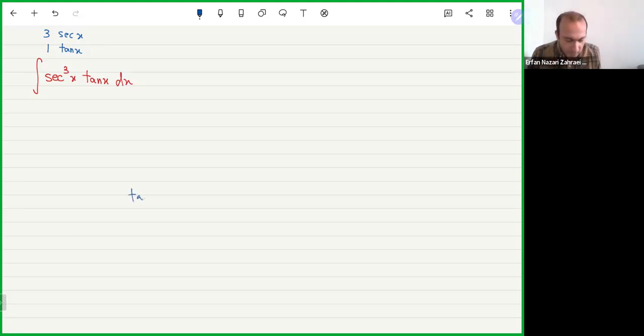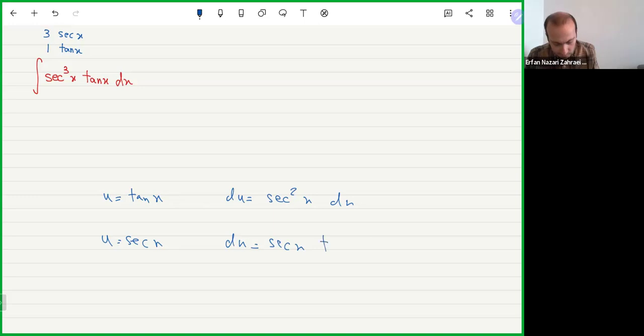Look at the derivative of tangent and secant. If you have u equals tangent, the derivative, or du, is secant squared dx. And when you have secant, du is secant tangent dx.